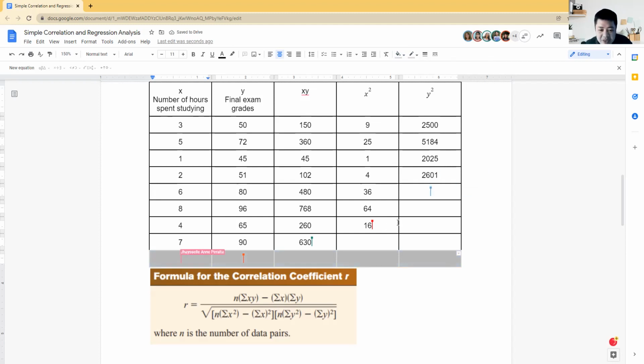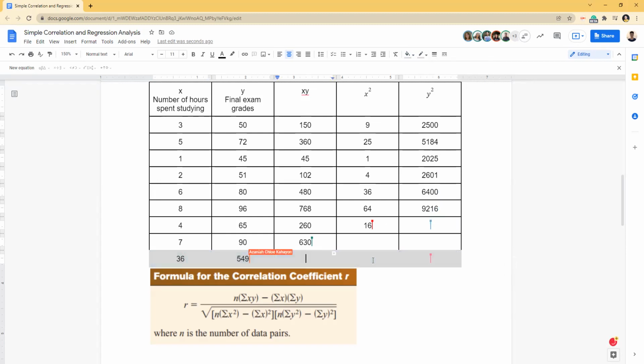Okay. How about for the sum of all the xy? Yung mga ginawa ni Aldea, who would like to get the sum? Can I ask Nicole? Nicole, can you please get the sum of xy? And then si Allure for x squared. And then si Majella naman for y squared. Sige, just get the sum.